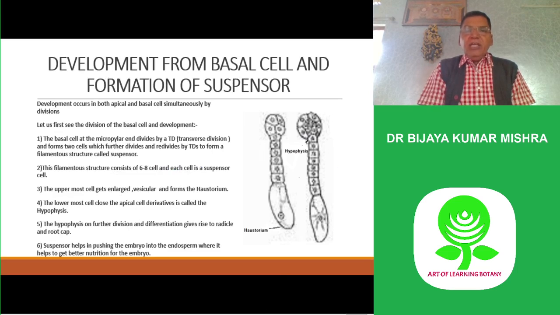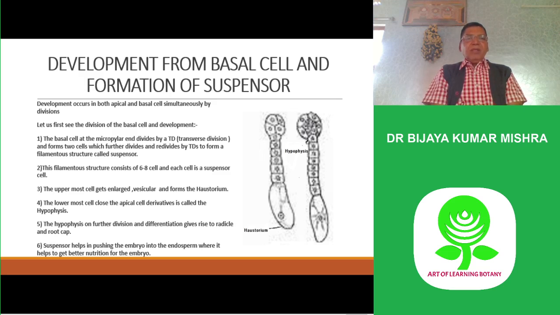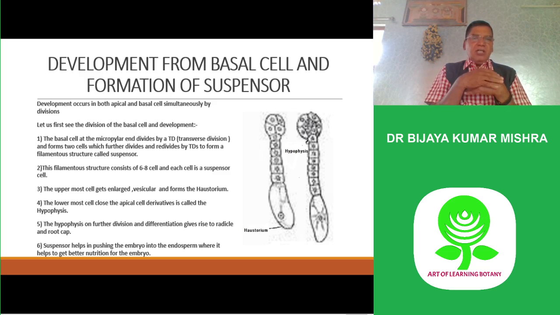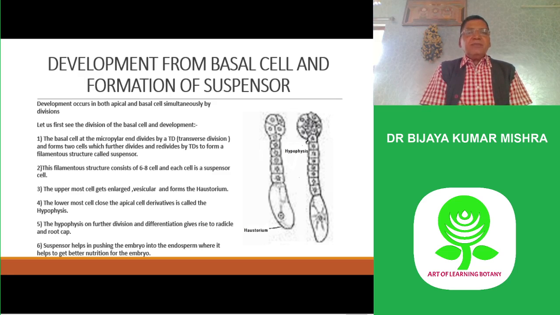Now, the basal cell, which is present towards the lower pole or the basal pole, now divides by repeated transverse division to form 6 to 8 cells, a long filamentous structure, and the distal cell from the apical cell, the last end cell of this basal cell division, is called the haustorium. So this is called a suspensor.